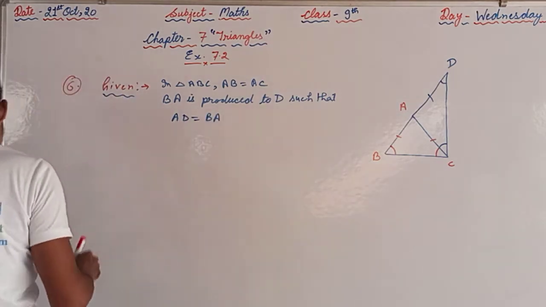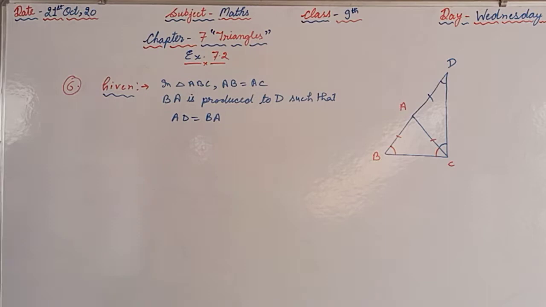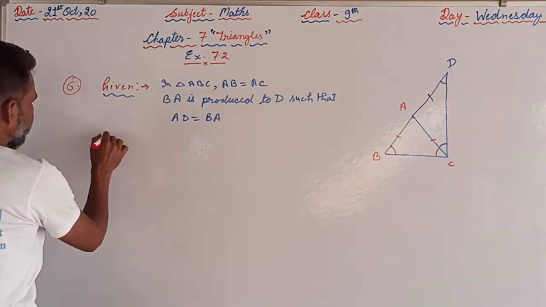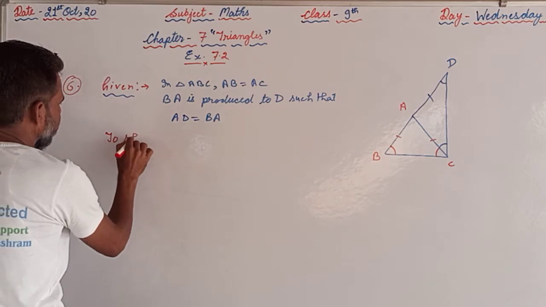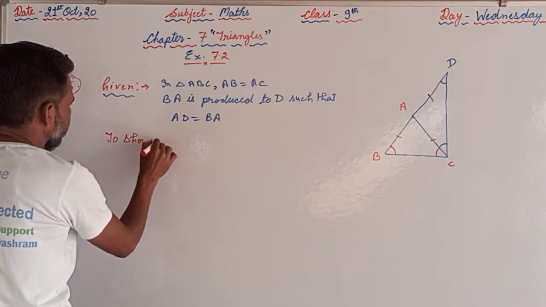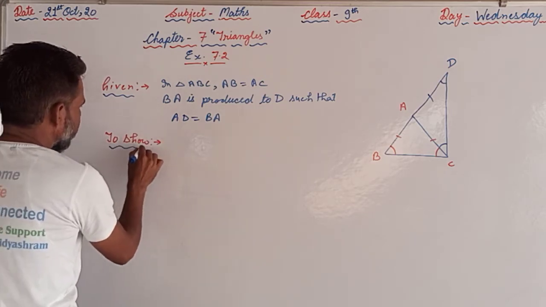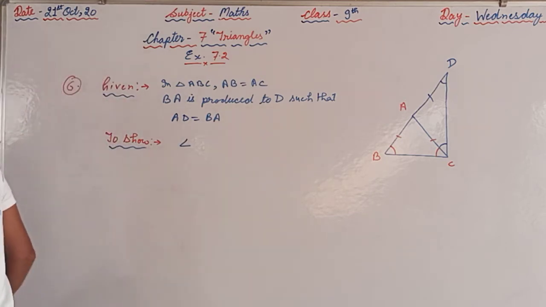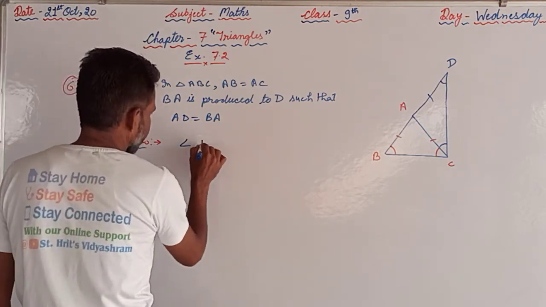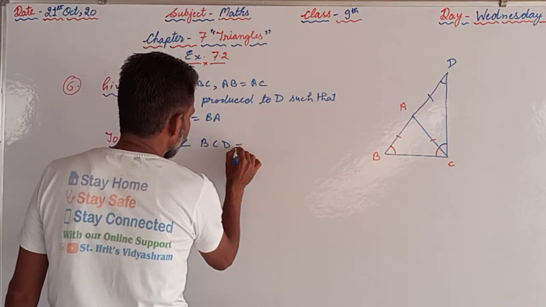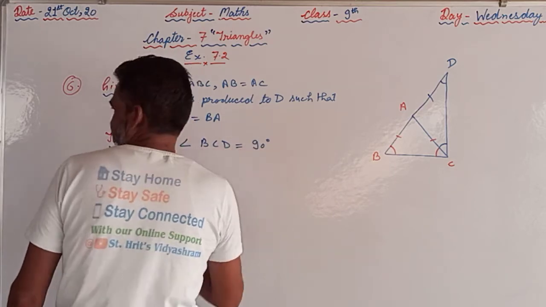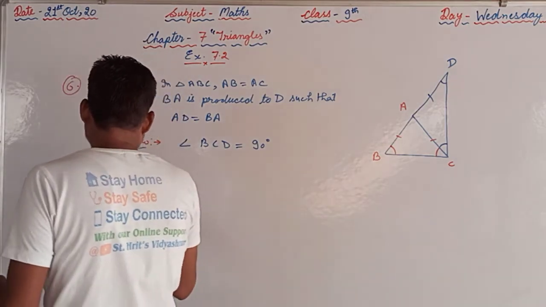And now we are supposed to prove, we are supposed to show that angle BCD is a right angle, means that is 90 degrees.